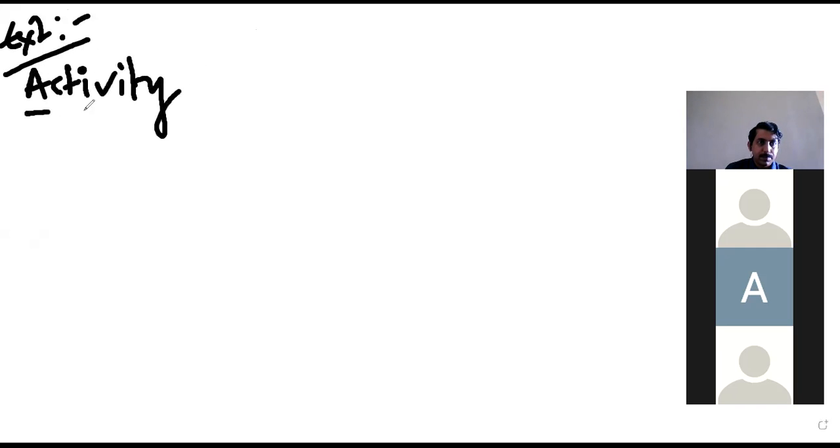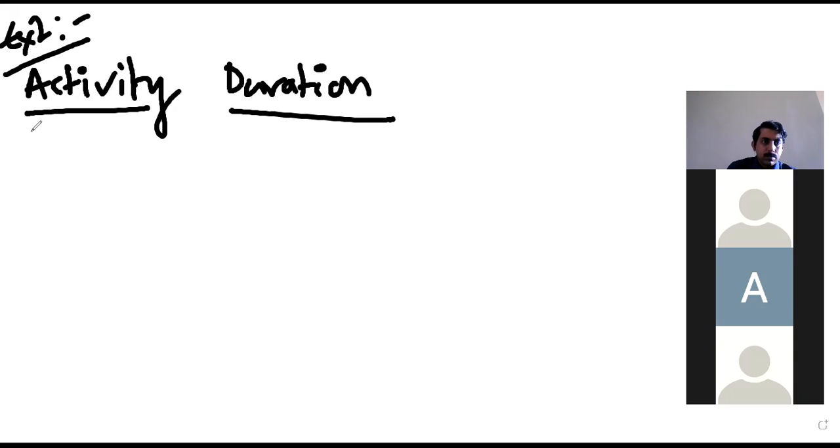We have activity and the duration: 1 dash 2, 2 dash 3. So do not write until I finish this problem. I will just finish writing the list of activities, and after that you can make note of the question. Is it fine?